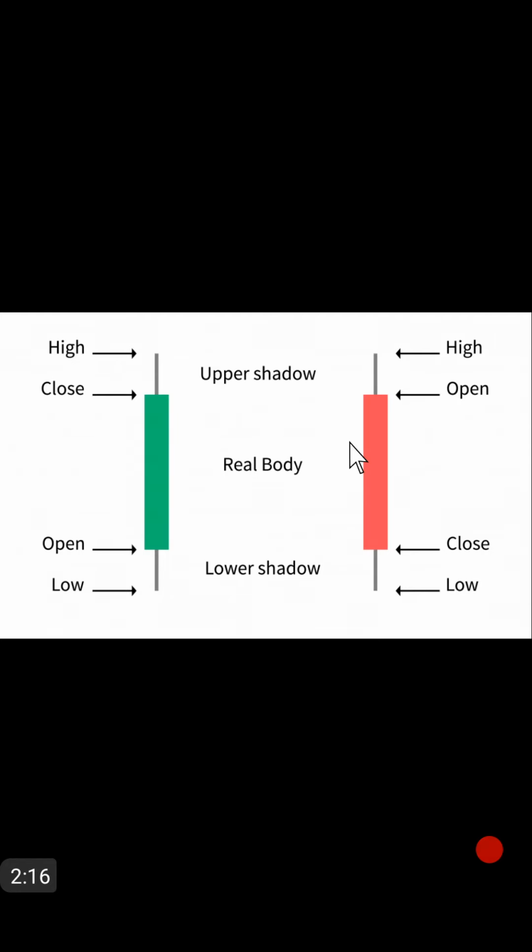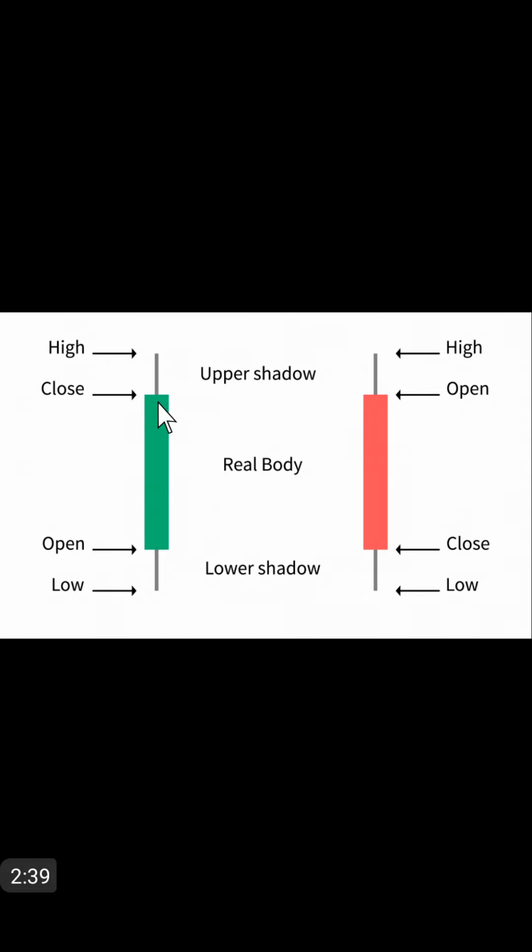So guys, welcome, and as you can see, this is a typical diagram of how a candlestick looks. The main part is called the real body. That is where you can see the green color here, the red color here. Now these two are not the same.